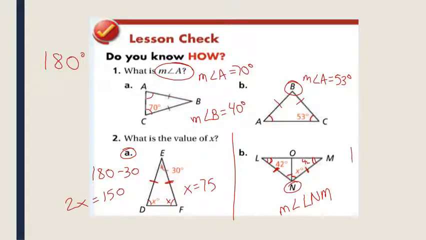So you take 180 minus 42, because I'm looking at this entire triangle here, and then I take that result and divide it by 2. So 180 minus 42 divided by 2, I get x to be 48 degrees.